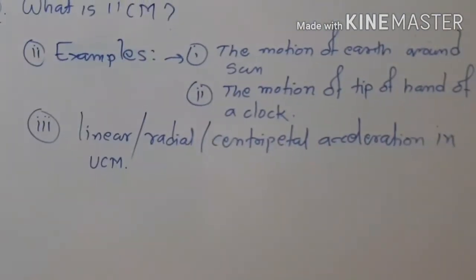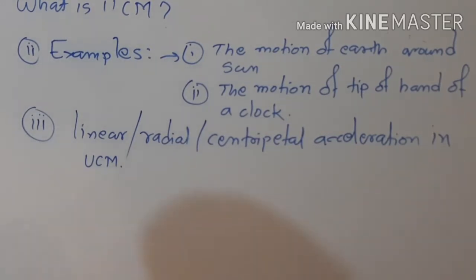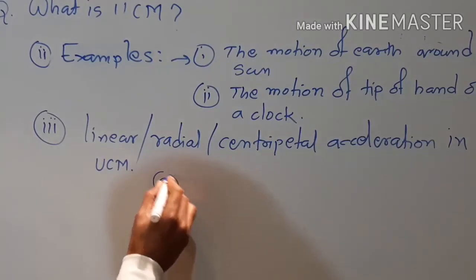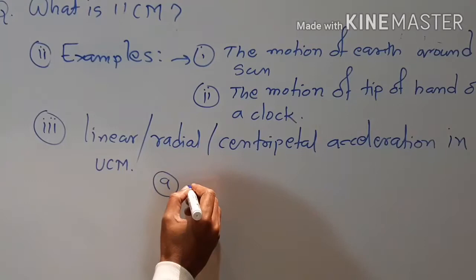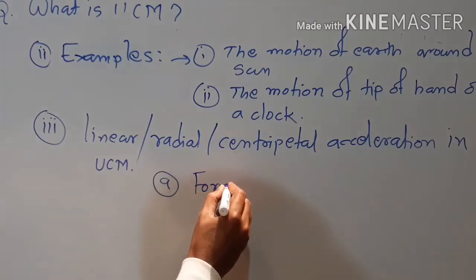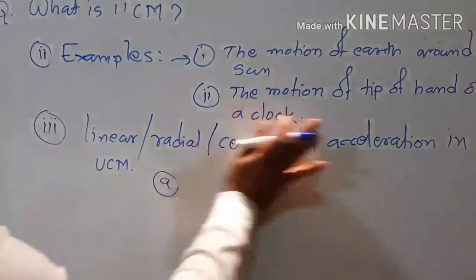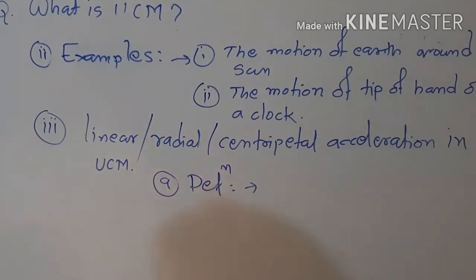This is our third point, linear, radial or centripetal acceleration in UCM, in which the first point is its definition.